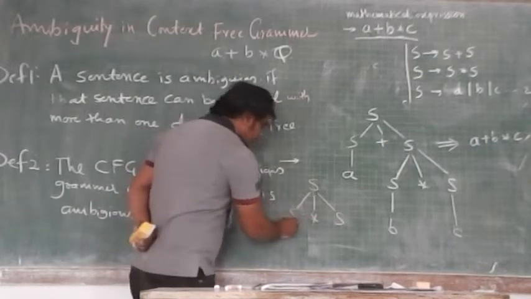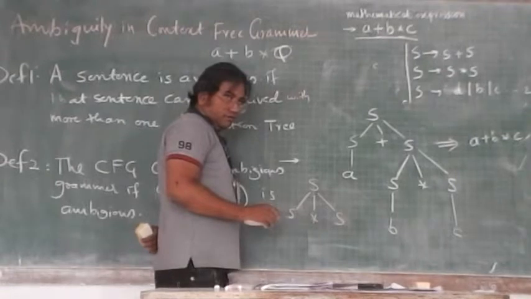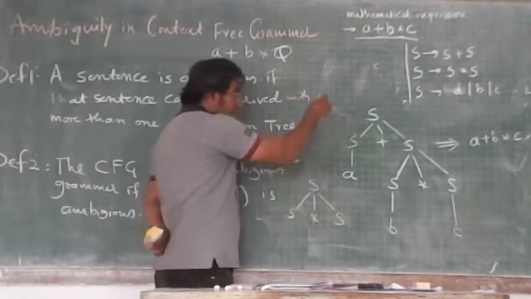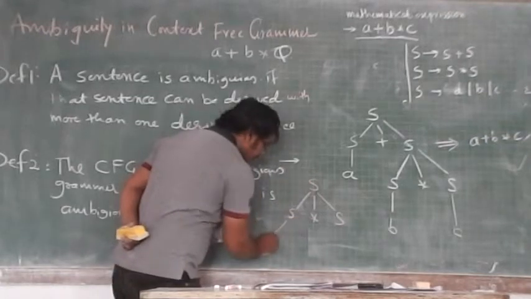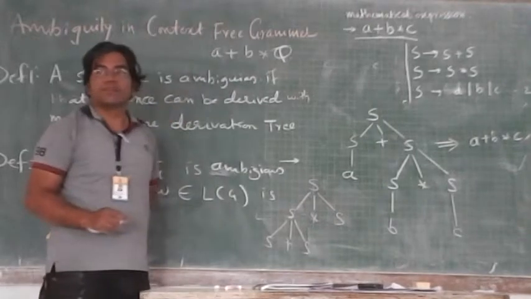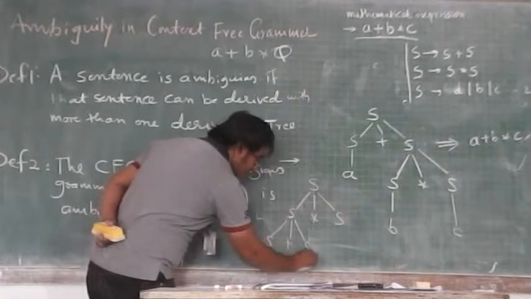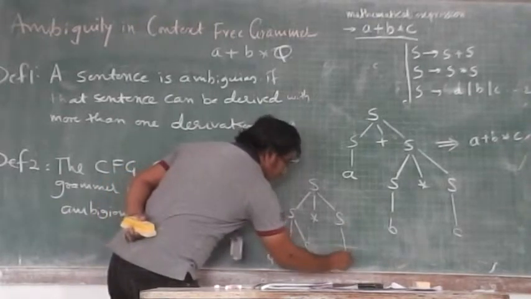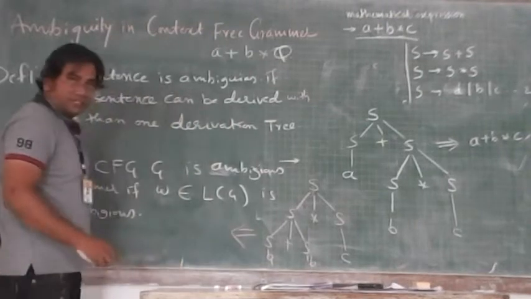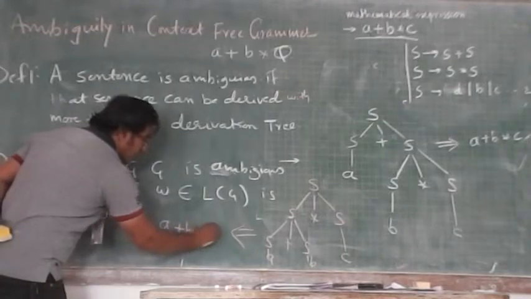And I expand this leftmost variable, this node, by applying the first production. In that case, I get this. So I replace this S by A, this S by B, and this S by C. And if I see the yield of this derivation tree, I get A plus B into C.